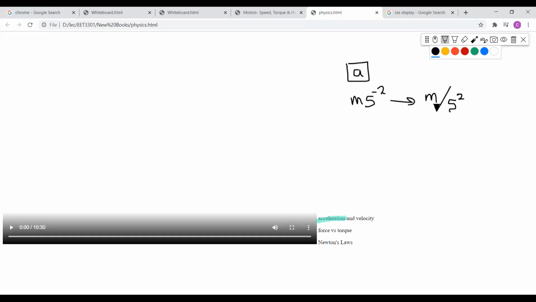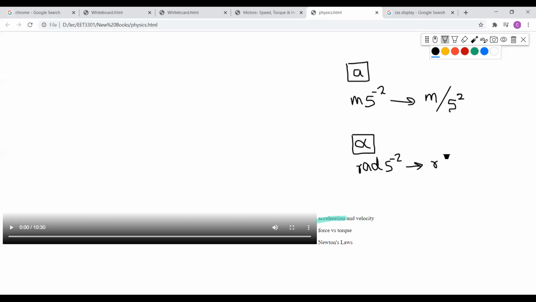So again, there is angular acceleration as well, right? Which we denote using the letter alpha, right? And the units of this one is going to be radians per second squared, or radians s to the power minus 2, right?